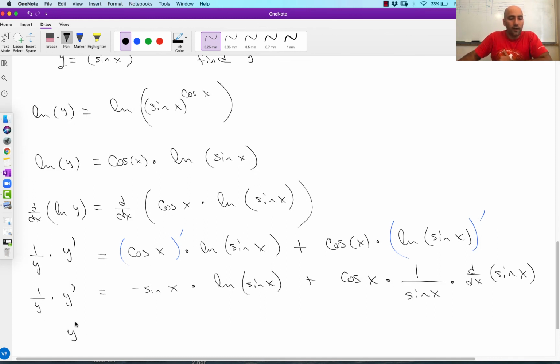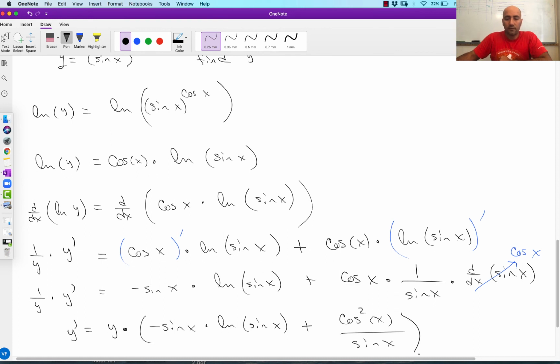So we end up with y prime equals y times, and this is going to be minus sine x times ln of sine x plus, and the derivative of sine is going to be cosine, so I'll end up with cosine squared over sine. Cosine squared x over sine of x.